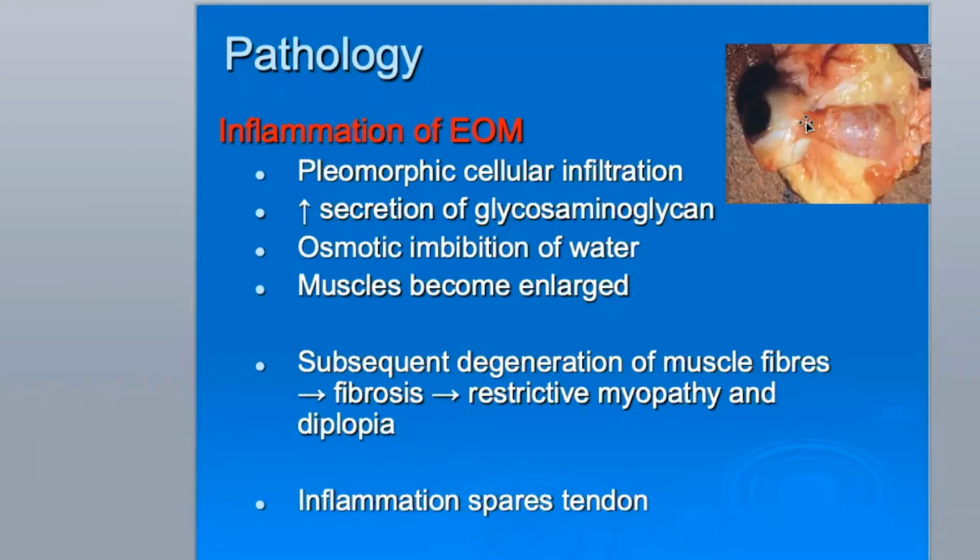So when you do a CT scan and everything is fine, there's no tumor, you start looking at the muscle. The moment you see the muscle is enlarged but the tendon is normal, then you know it's most likely thyroid eye disease. We call it tendon-sparing enlargement on the CT scan.